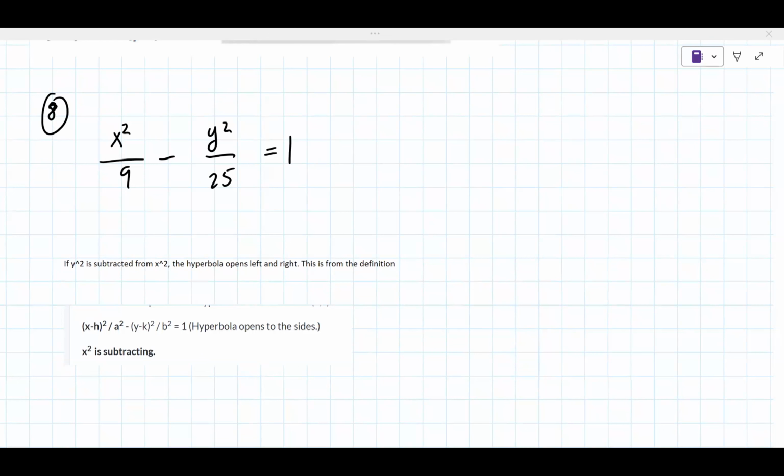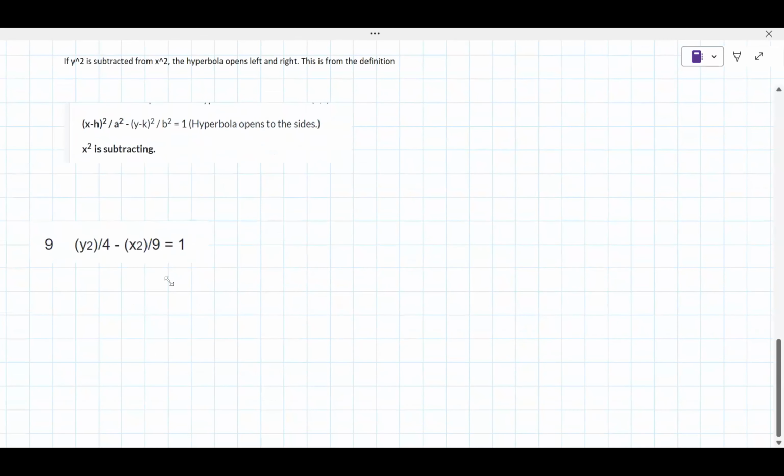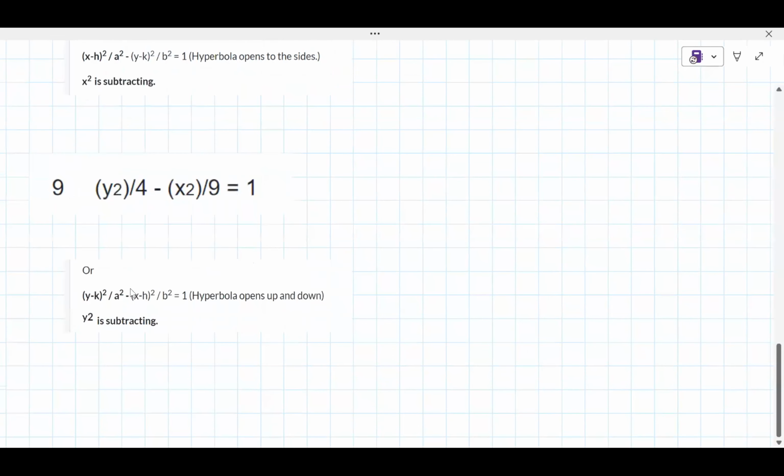And then for number 9, it's essentially the same. It's just the other definition. So if you look at what you submitted, maybe you didn't submit something that just said x squared is subtracting.